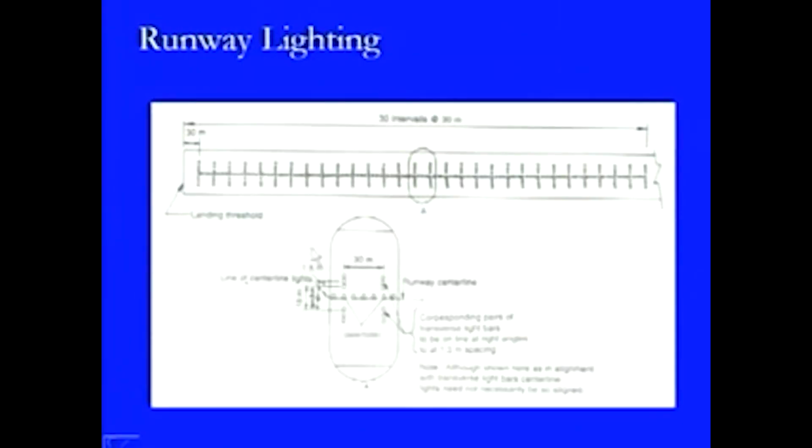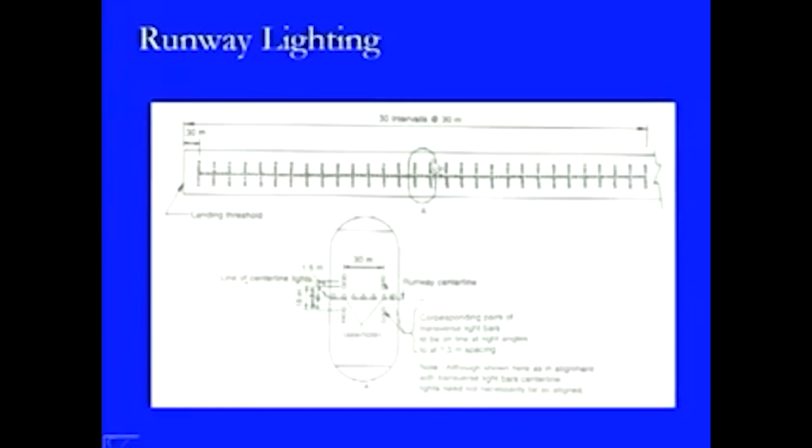This is another runway lighting system being shown here. We can see that this is a landing threshold point, and then this is going in this form. These are the center line lights, and then these are the transverse lights being shown here, and they are trying to define the way we are moving on this runway strip so as to have a touchdown condition.